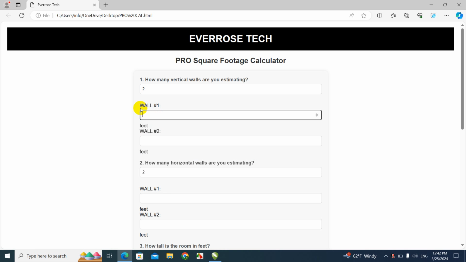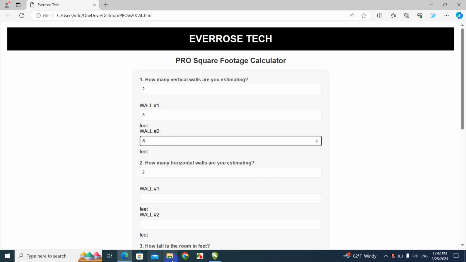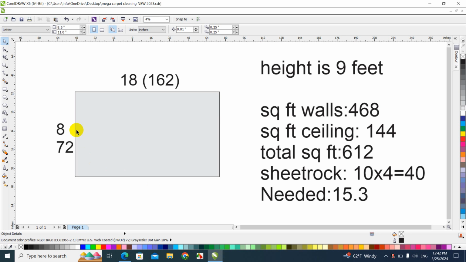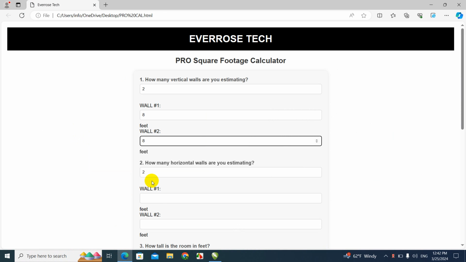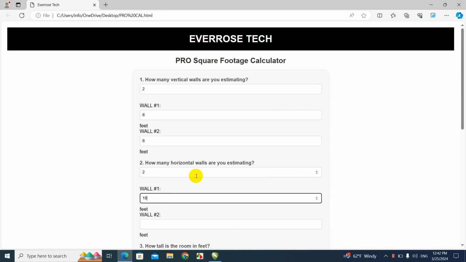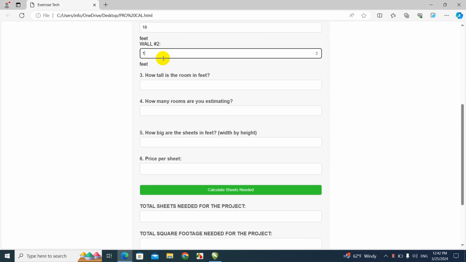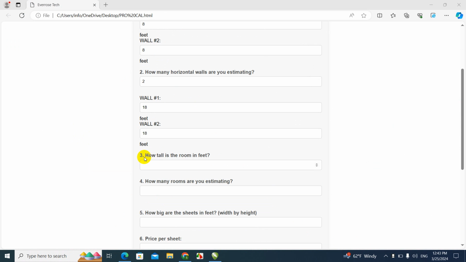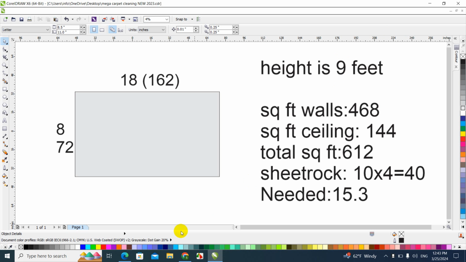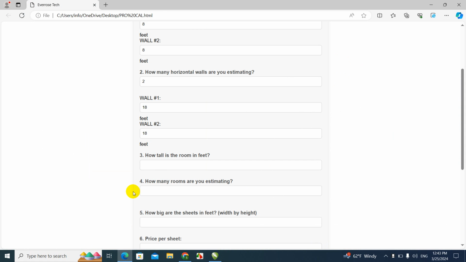Now, what are the dimensions for each wall? The vertical ones are 8 and 8. This one is 18, so they're both 18 and 18. All right, now the third question, how tall is the room in feet? We said it was 9 feet in height from the floor to the ceiling. So we're gonna type that number. How many rooms are you estimating?